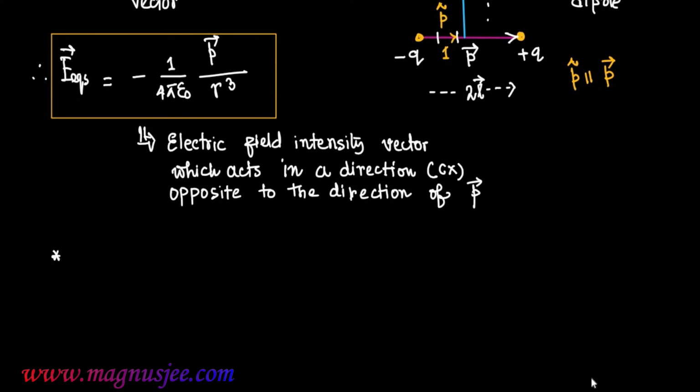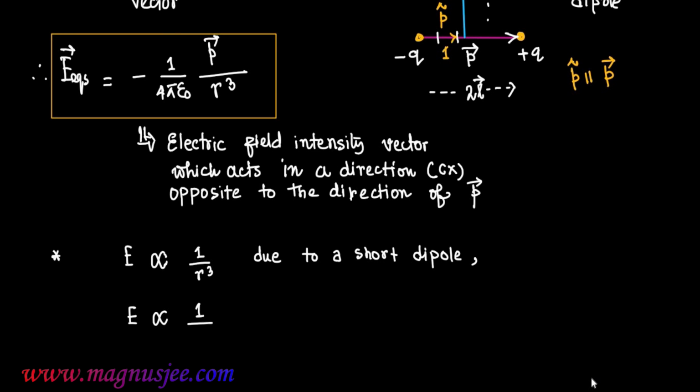Additional information, that is, field intensity is directly proportional to 1 by r cube due to a short dipole. That means field intensity, again field intensity is proportional to 1 by r square due to a point charge. Due to a short dipole, field intensity is inversely proportional to cube of distance, and due to a point charge, E proportional 1 by r square.